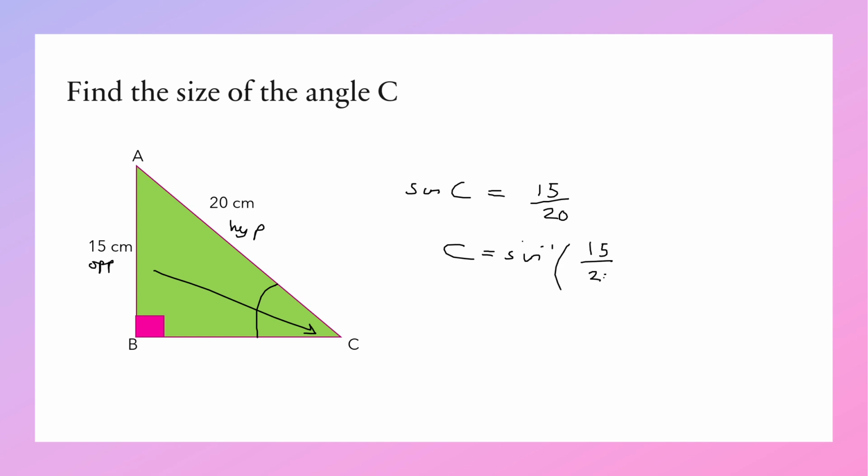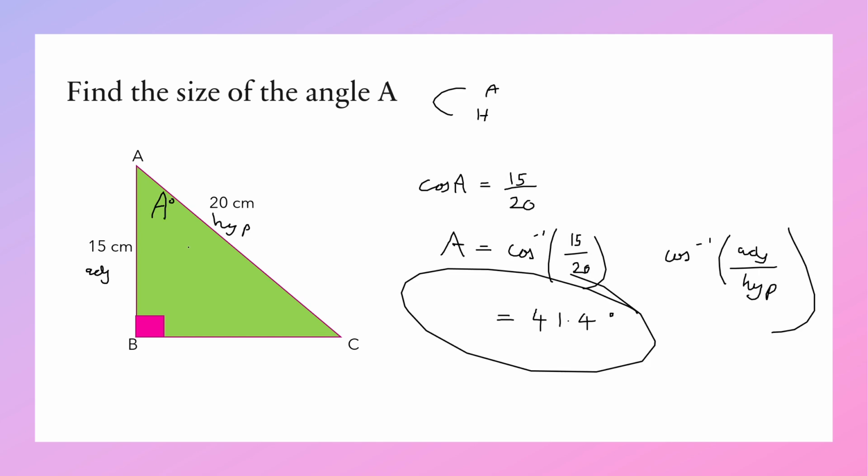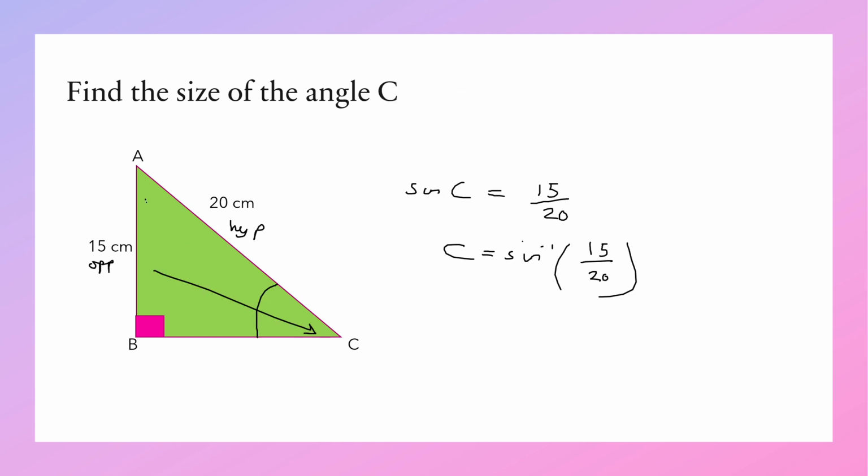What do we get this time? I dropped my calculator. I know, almost. I caught it. We get 48.6 to 1 dp.